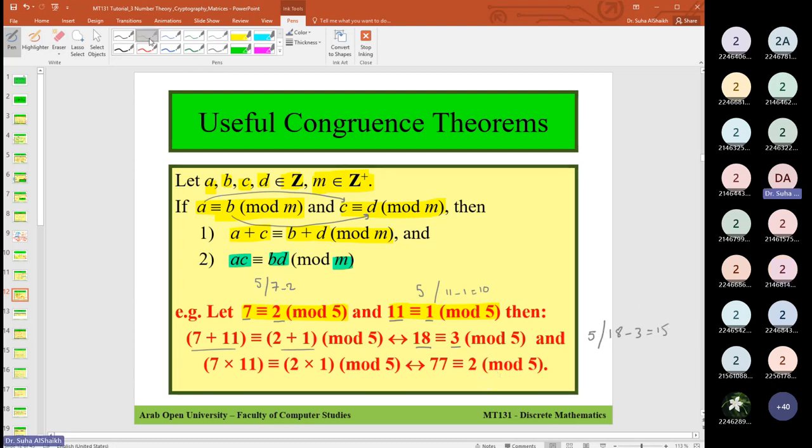Also, if we multiply the 7 with 11, and 2 with 1, this is 77 and 2. They are congruent, and 5 is dividing 77 minus 2, which is 75.